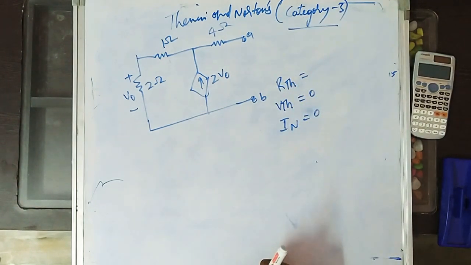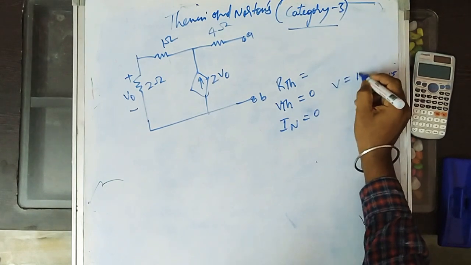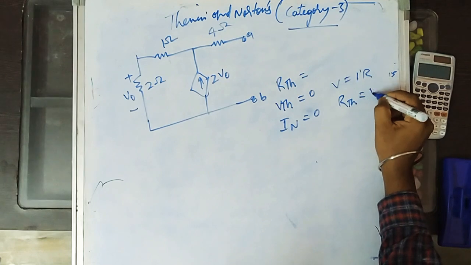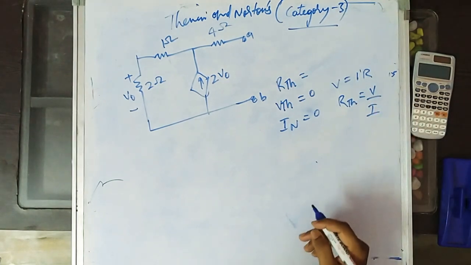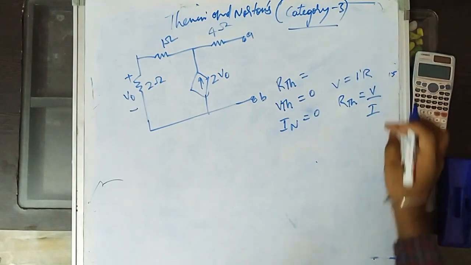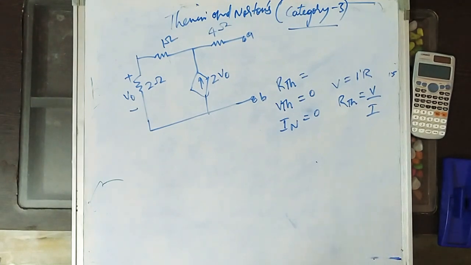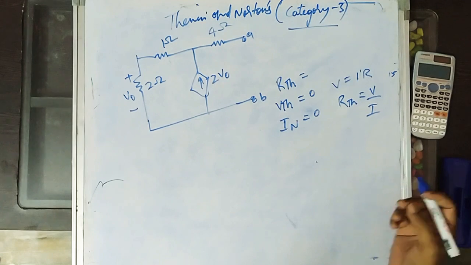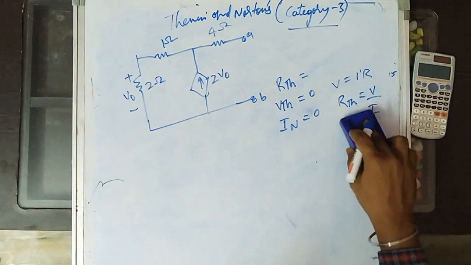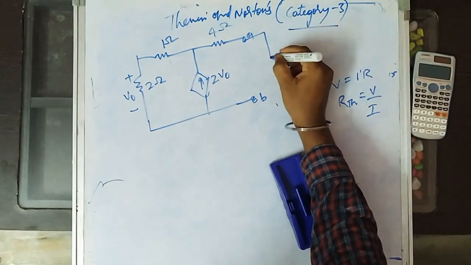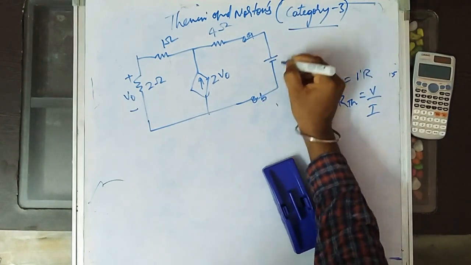According to Ohm's law, V equal to IR, so R Thevenin equals V by I. Where will we get V and I? As I said before, we'll introduce a voltage here. For finding R Thevenin, we'll introduce a test voltage source of 1 volt.